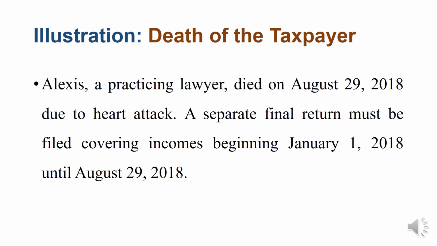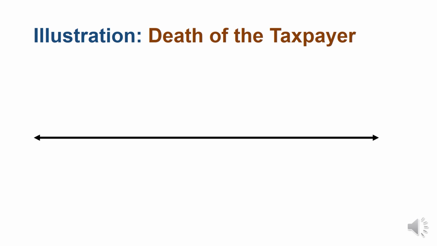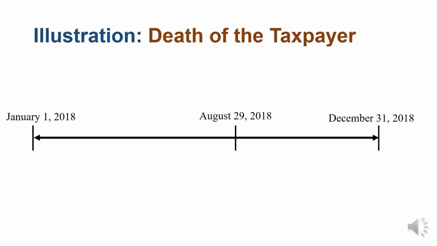So, let's look at the timeline. Since the taxpayer is an individual, the income shall be computed only using the calendar year, January 1, 2018 to December 31, 2018. However, Alexis died on August 29, 2018.